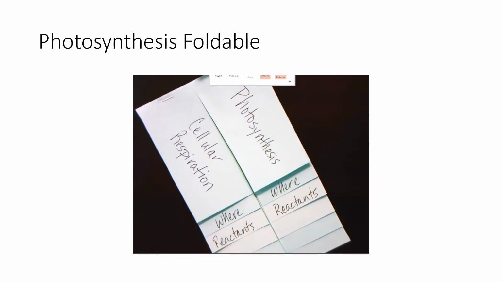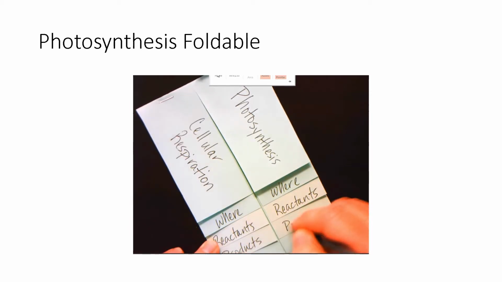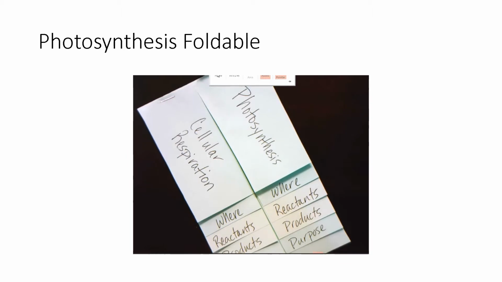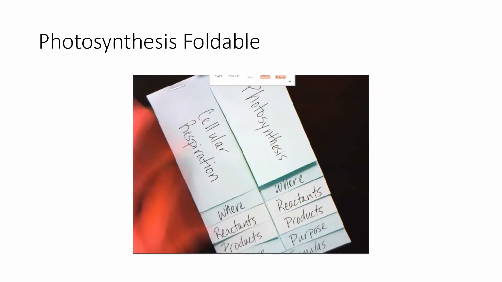That is right, Austin, the left. So the products are on the right. Then write purpose. And then across the whole bottom, we're going to write chemical formulas. Oh, that's not even on the screen all the way.